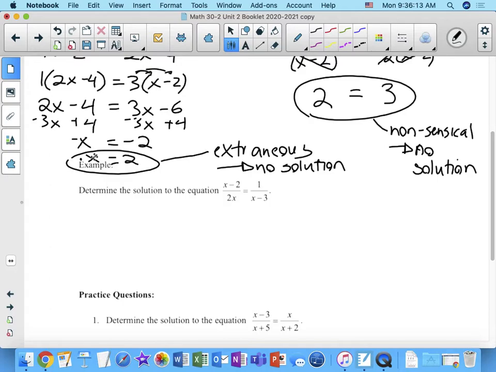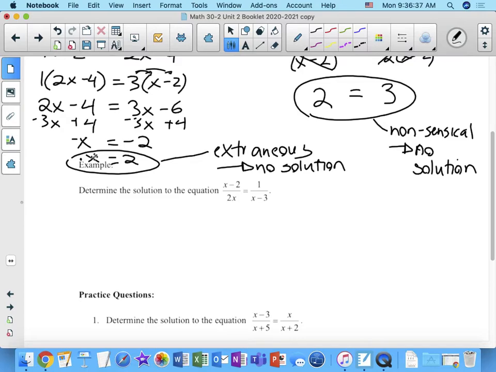All right, so here's another one. Determine the solution to the equation x minus 2 over 2x equals 1 over x minus 3. Okay, well, the first thing that we would have to do here is factor. Do we need to factor anything? No, that's done.